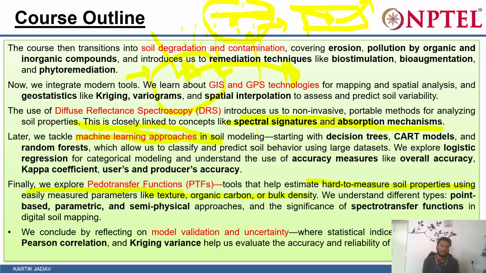Then we also explored pedotransfer functions. These are tools that help to estimate hard-to-measure soil properties using easily measured parameters, right? And there are various types of pedotransfer functions we focused on. And then we concluded our last session with the MCQs that we covered in all the sessions.